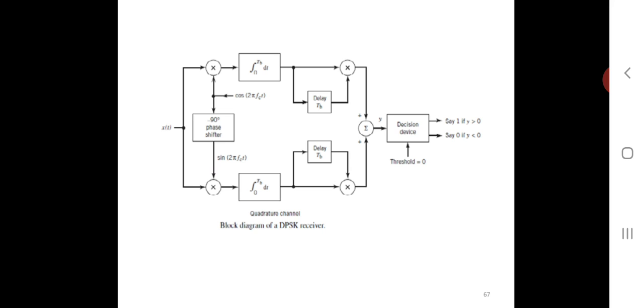Thus the optimum receiver for the detection of binary DPSK is shown here, the formulation of which follows directly from the binary hypothesis test. This implementation is simple in that we merely require the sample values to be stored. It is an optimum receiver for two reasons.